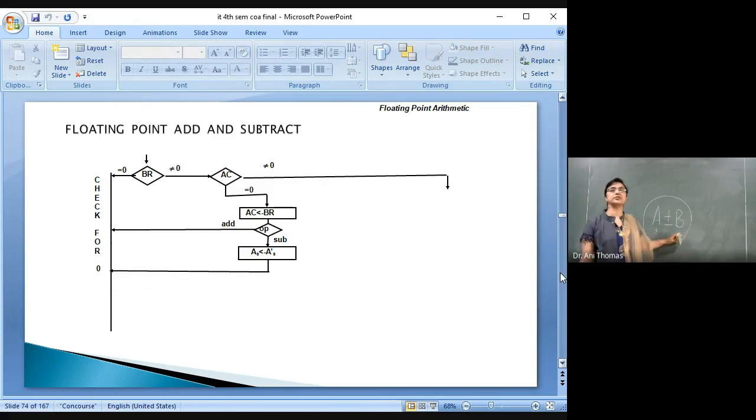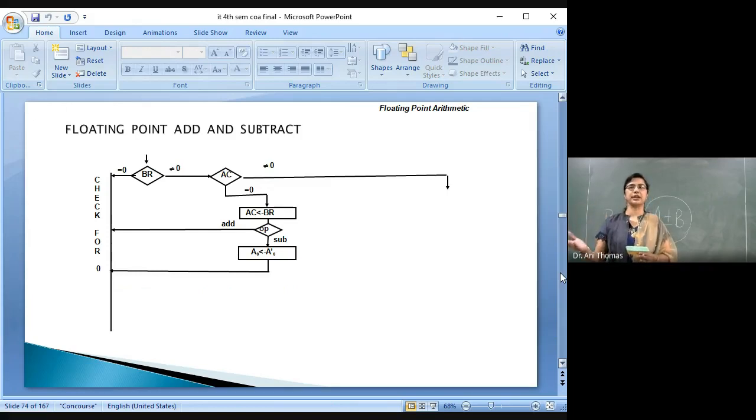But in the case of subtraction, we have to store minus B, and that is why we store the complement of BS into AS. That is the algorithm for addition and subtraction, the first step, that is check for 0. First we check B for 0 and next we check A for 0.